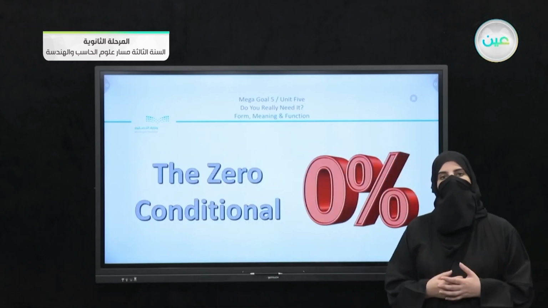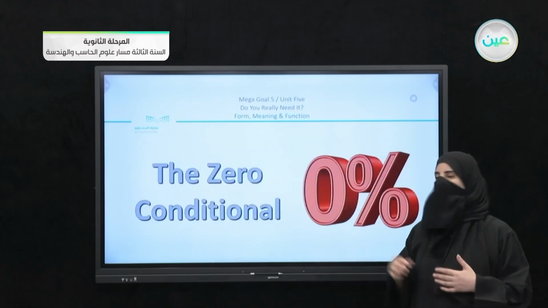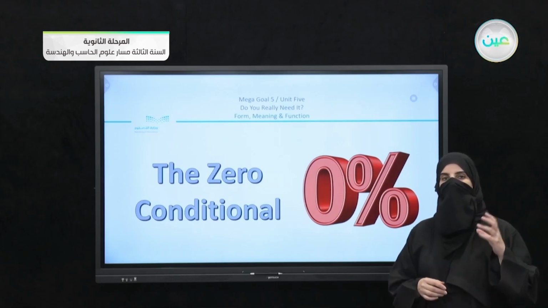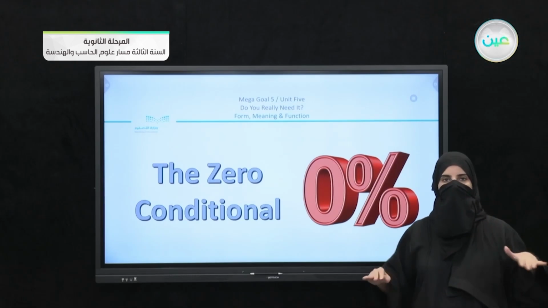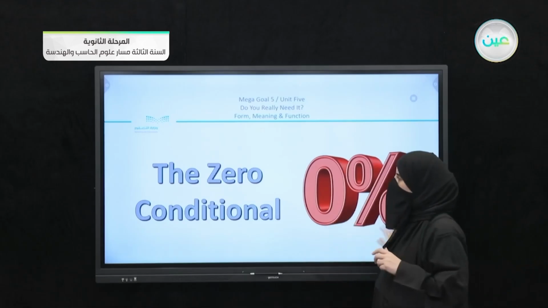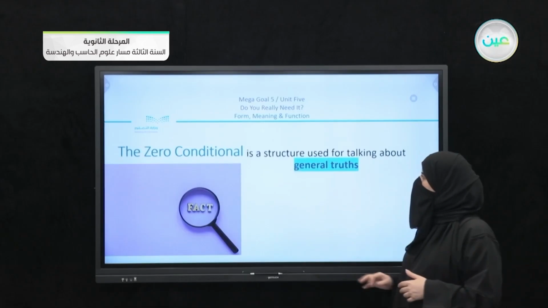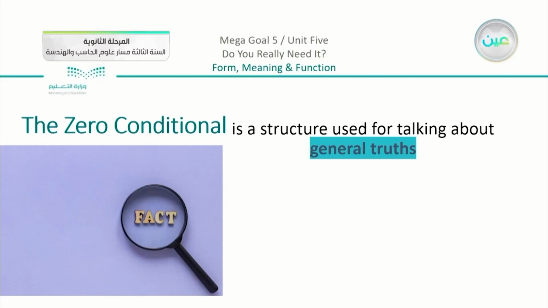We are going to start, first of all, with the zero conditional. Now, just put in mind that we are dealing with something that is zero. The zero conditional is a structure used for talking about general truths. For example, if I take any kind of pen or any object and throw it in the air, this object will immediately fall to the ground.